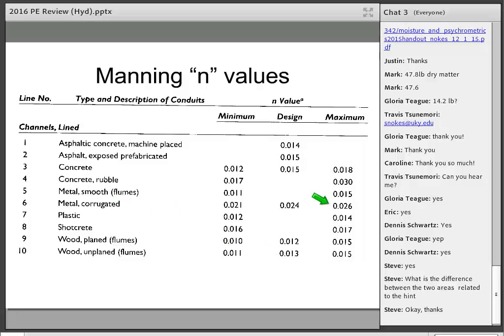Corrugated metal is going to have a higher Manning's n than smooth metal. Concrete that's kind of a rubble concrete is going to have more roughness than finished concrete. Planed wood is going to have a smoother surface than unplaned. So, that's kind of the way it works.